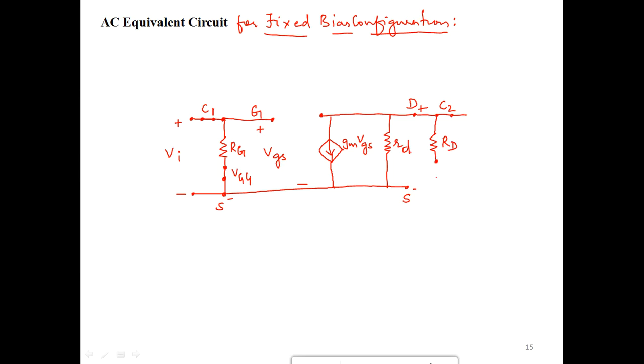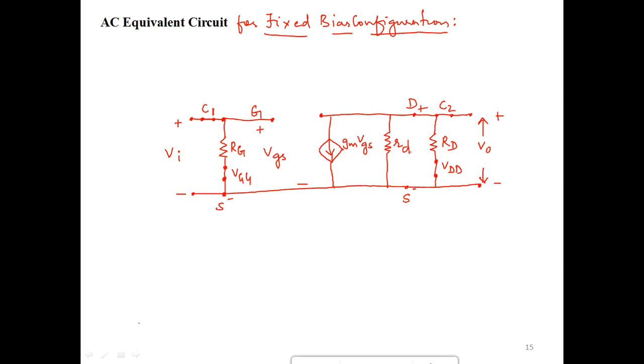And then again we have a DC supply which is to be replaced by a short circuit. That's it. So that is output V0. I think we are done with the entire circuit.